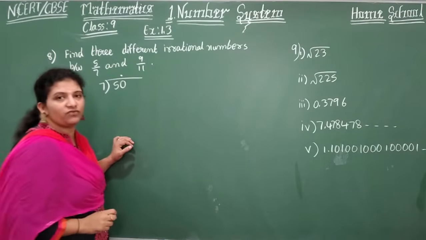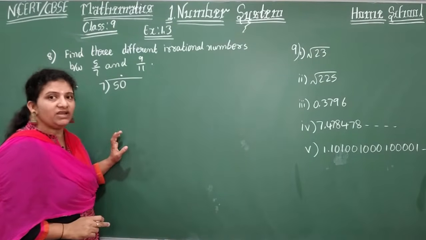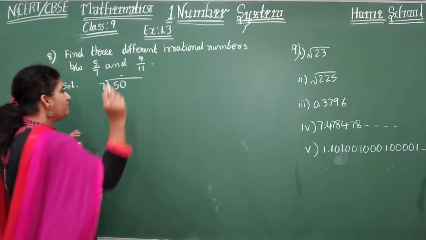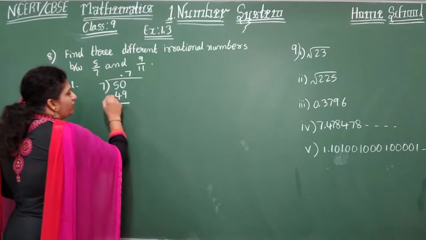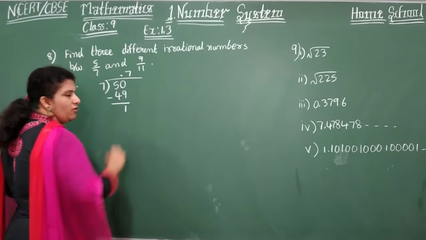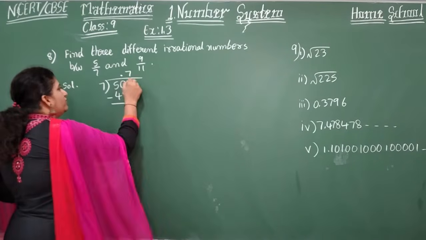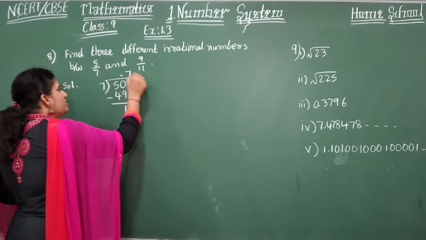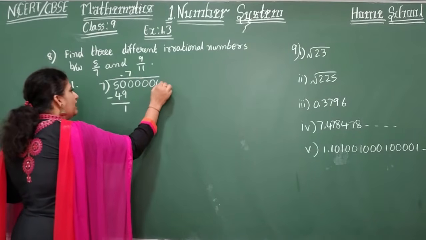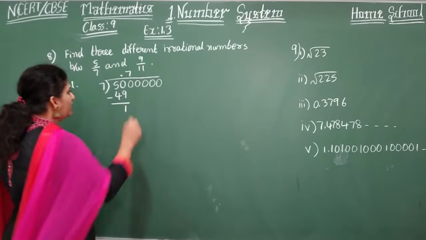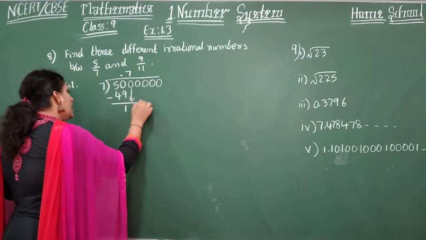It makes 50. Right? In the 7 table where do you get 50, children? 7 7s are 49. 50 minus 49 will be 1. So now, extend. If you put a decimal point, you can extend zeros here. Right? So drag 1 0 down.